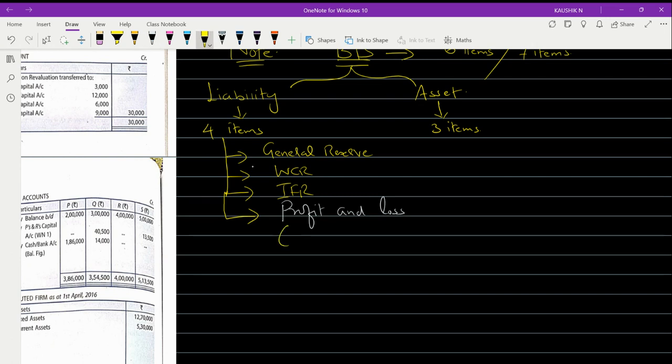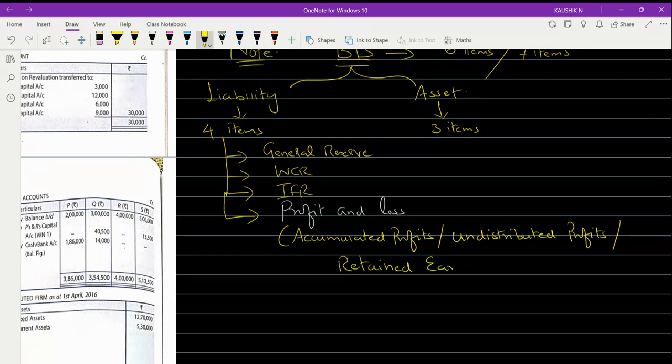It is nothing but your accumulated profits, or I'll say your undistributed profits, or it is also called retained earnings. Am I clear with this?